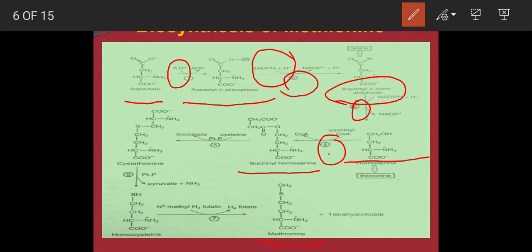In the next step, the 5th, the succinyl group of succinyl homoserine is replaced by cysteine, and this reaction is catalyzed by the enzyme cystathionine gamma synthase. As a result, cystathionine is formed. This reaction is also PLP dependent.